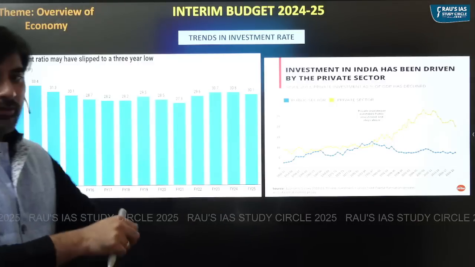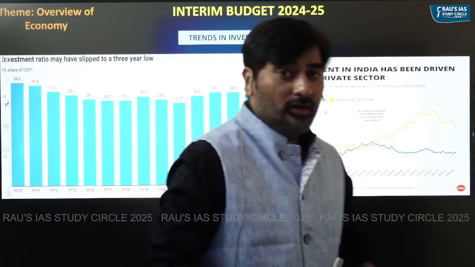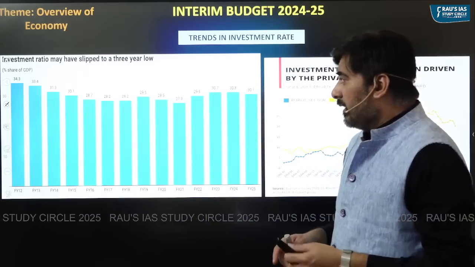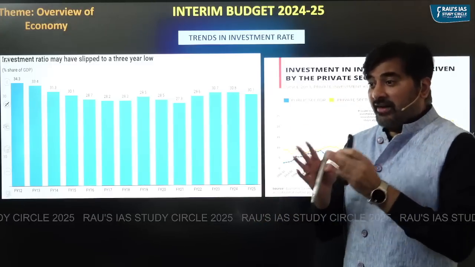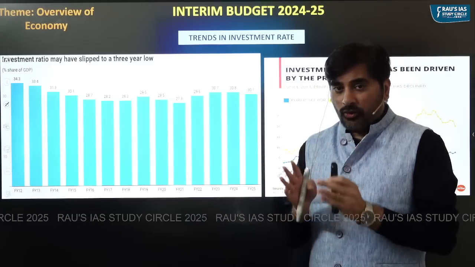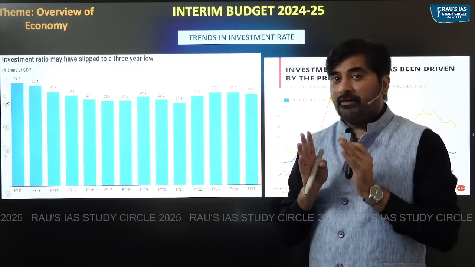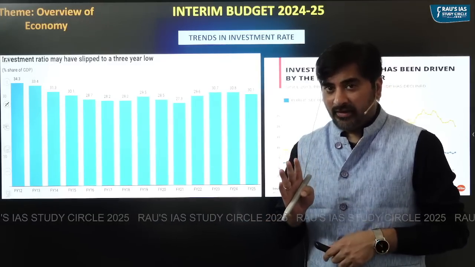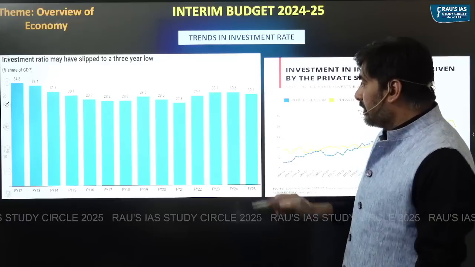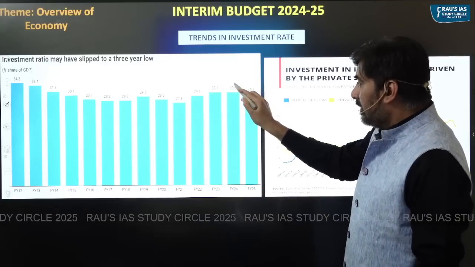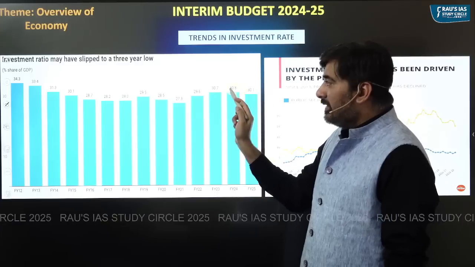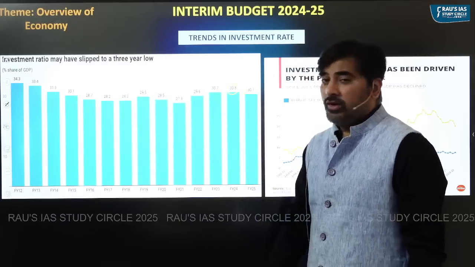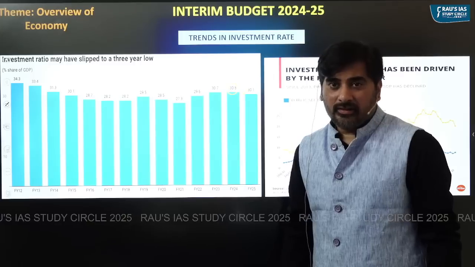And you can just look at the trends in the overall investment rates of the Indian economy. So at the start of my discussion, I told you that the investment rate in India is somewhere around 31%, right? And you can see here that this investment has slipped to a 3-year low, lowest in the last 3 years.